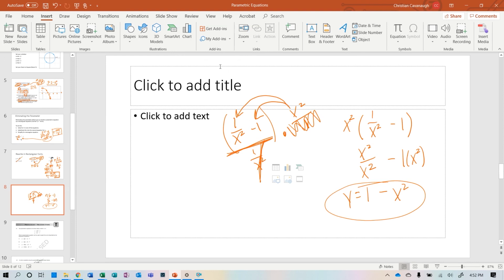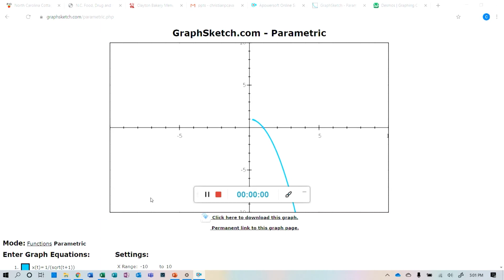Also, sorry that I didn't insert a blank slide and that this looks pretty ugly right now, but there would be your answer. So just so you guys could see this on a graph as well, I went ahead and plotted it in both parametric and rectangular on Graph Sketch and Desmos.